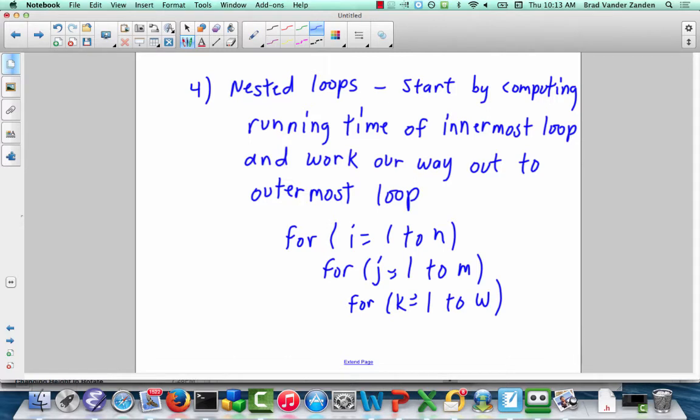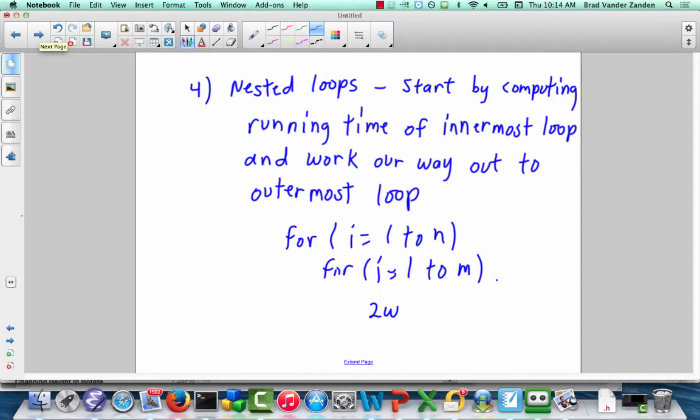We would first calculate the running time of the loop involving k. Let's say it was 2 times w. Now we know that we can get rid of this innermost loop, and we know that that loop takes 2 times w time.